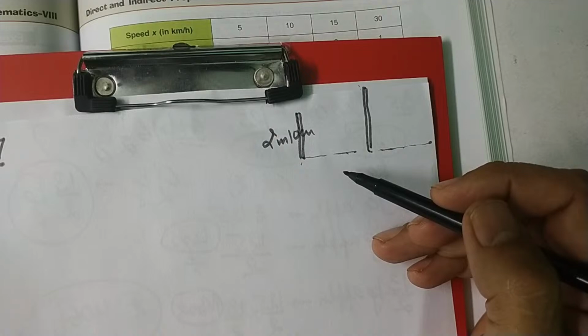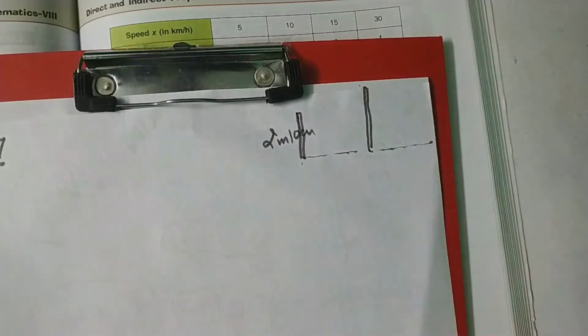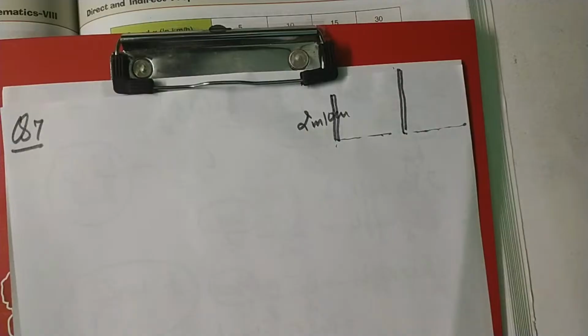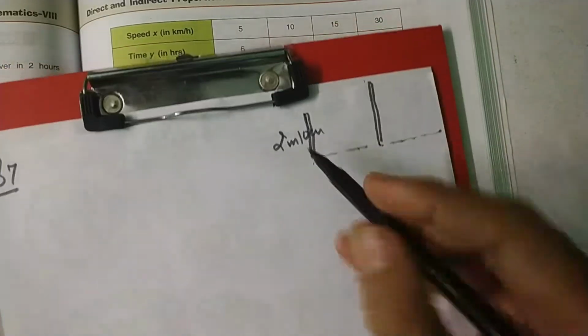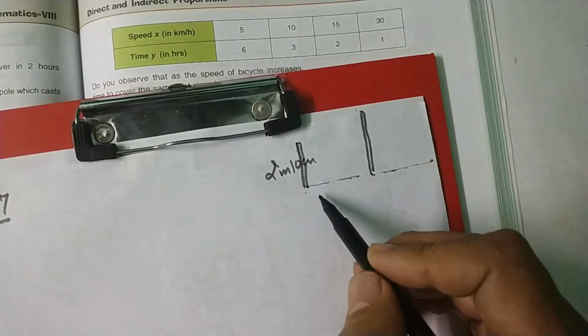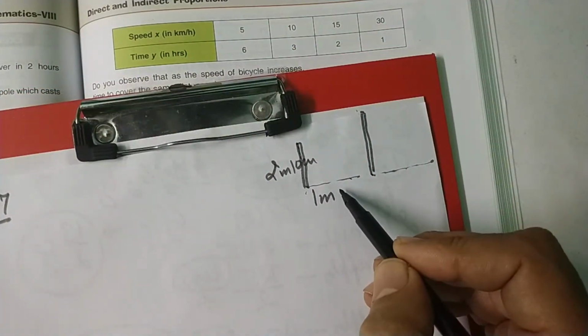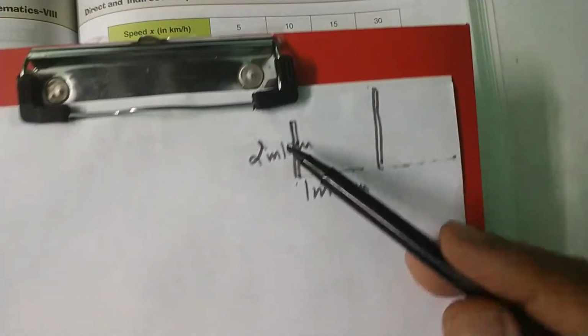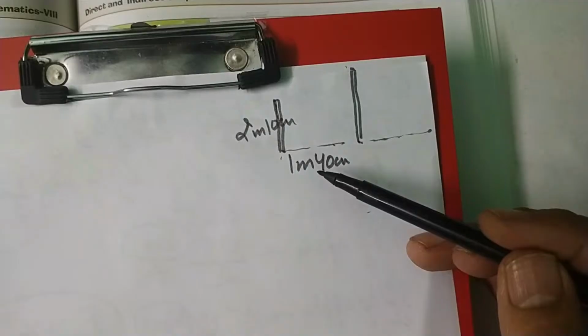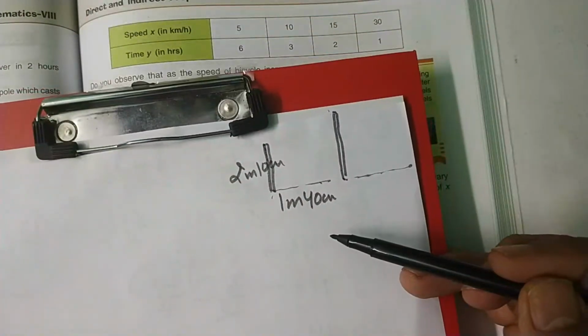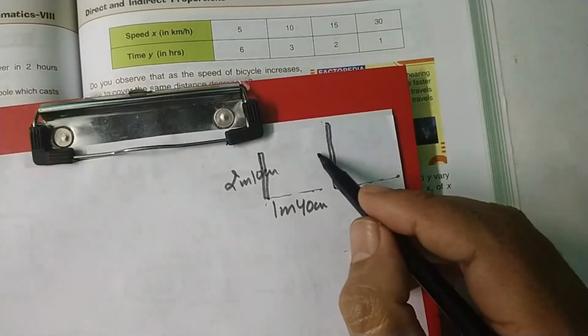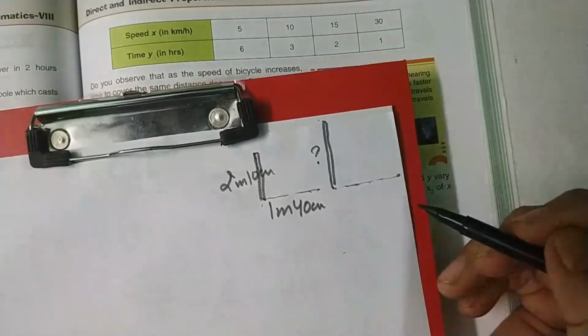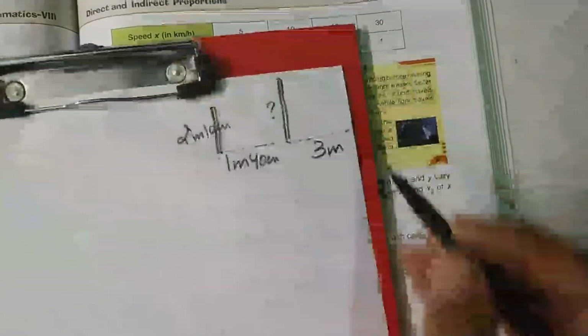Now again, in this question, we have to find out two things. What are the two quantities in this? A vertical pole 2 meter high produces a shadow of 1 meter 40 centimeter. Then find the height of a pole whose shadow is 3 meter.